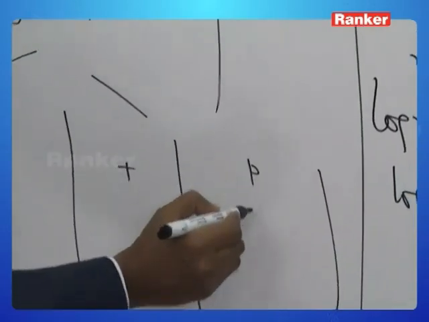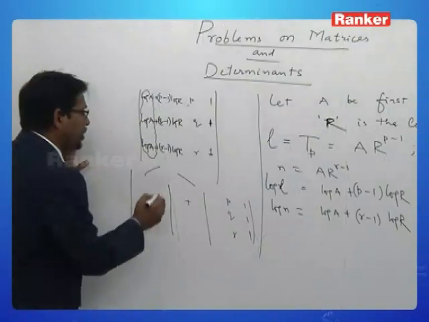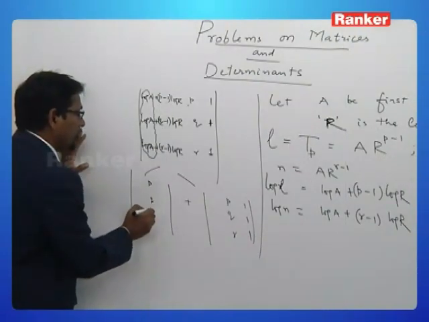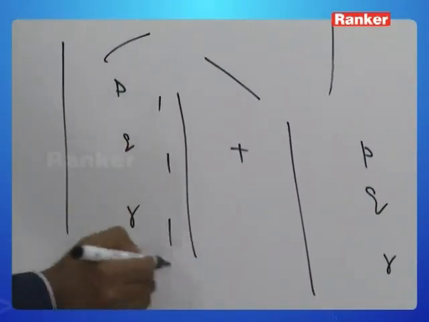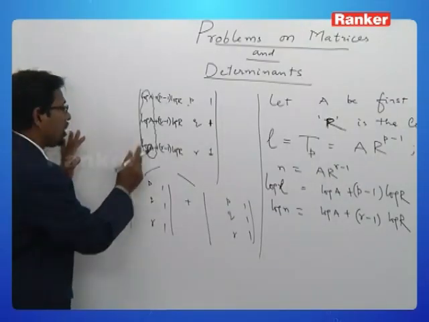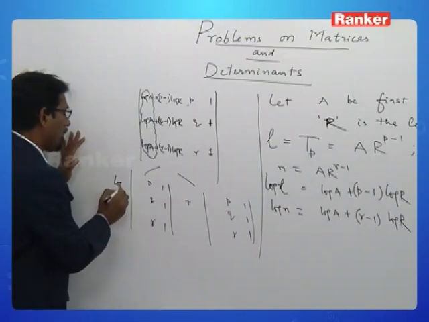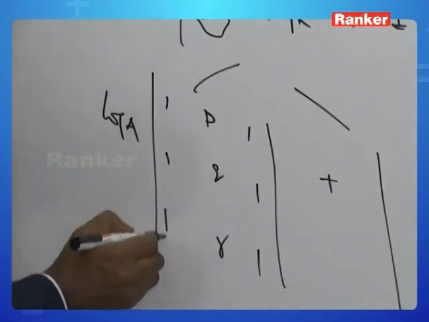So p, q, r and 1, 1, 1 are fixed. In the first column, log A can be taken out and we'll have 1, 1, 1 here.